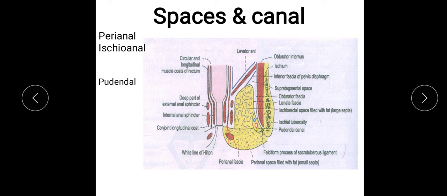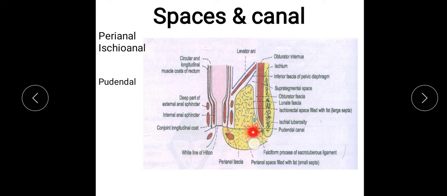This one is the perianal fascia, which is in the form of a septum that passes laterally from the lower end of the longitudinal coat of the anal canal. It extends medially from the white line of Hilton, up to the pudendal canal.